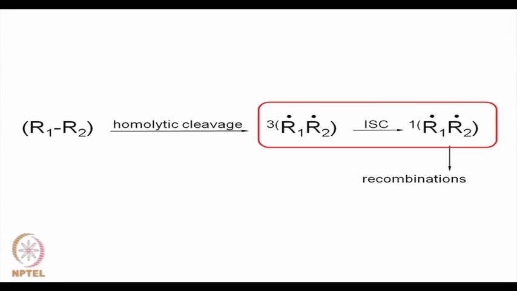Maybe something else will also happen: by homolytic cleavage a singlet radical pair is also generated, which will undergo intersystem crossing to produce the triplet one. The only difference is that the singlet radical pair will have like this one, and the triplet one will have this one. But this is not the only description, it has 3 options. 3 options means it is triply degenerate.